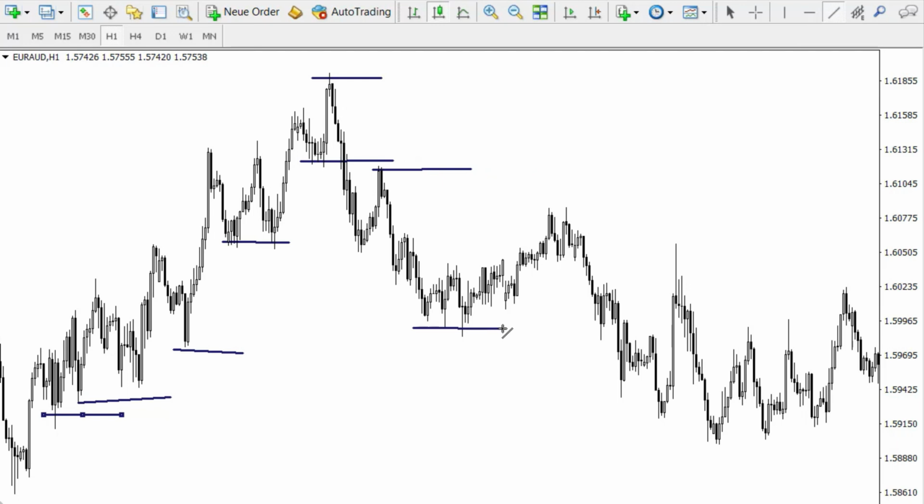Here's another example. You can see after this downtrend, the market found a little bit of issues at this point, driving through that. So the market was pausing a little bit. The sellers were not really interested anymore, or not strong enough, and then the market is slowly turning around.